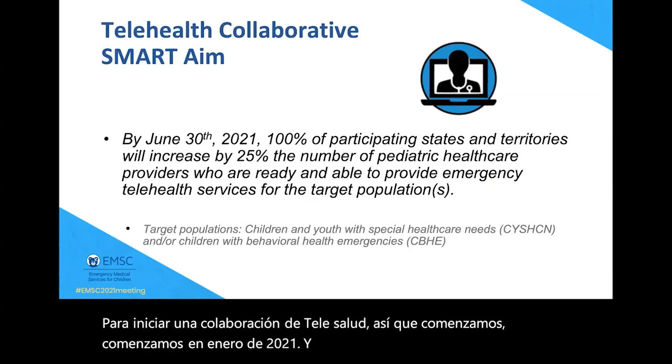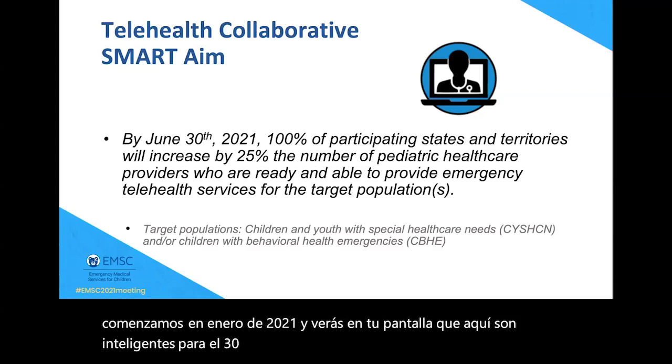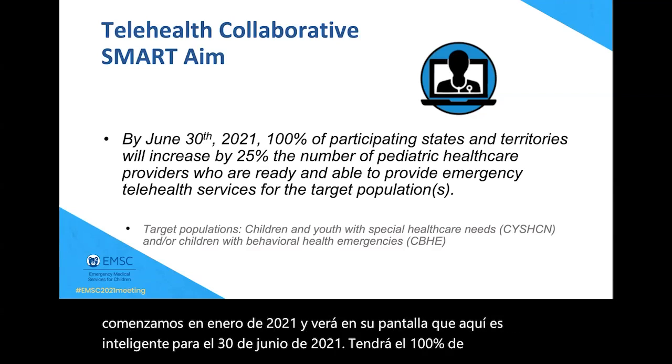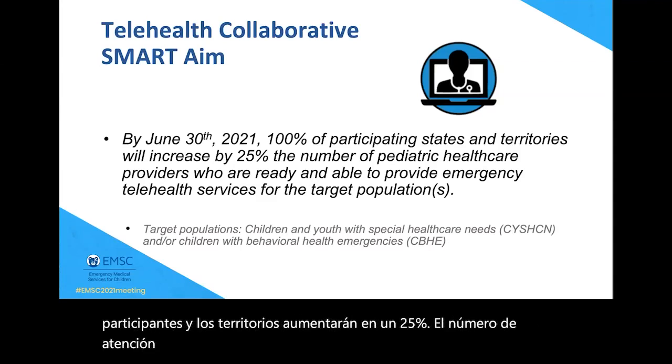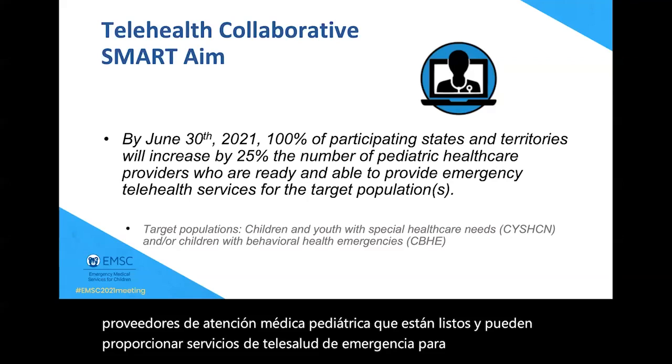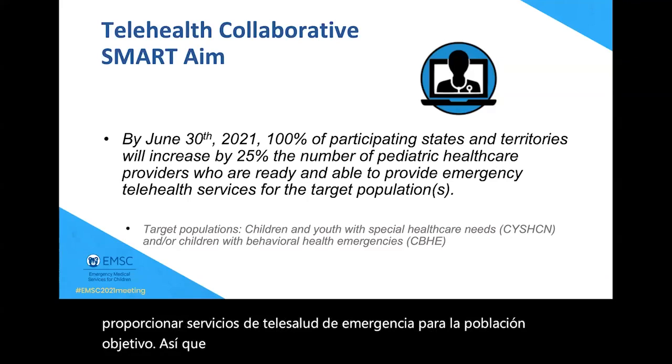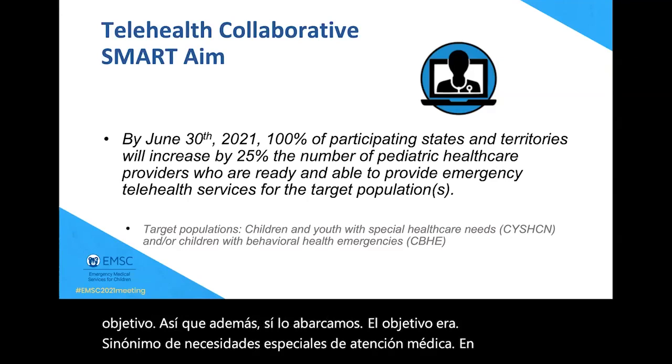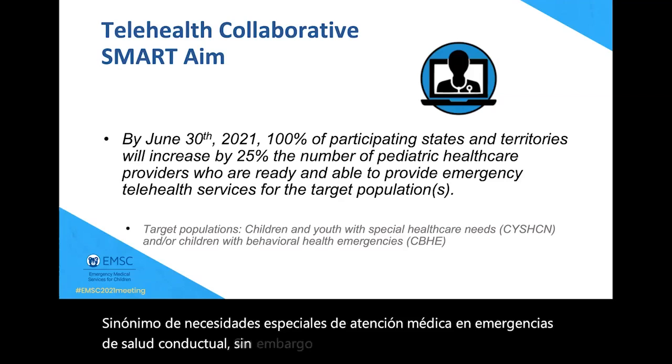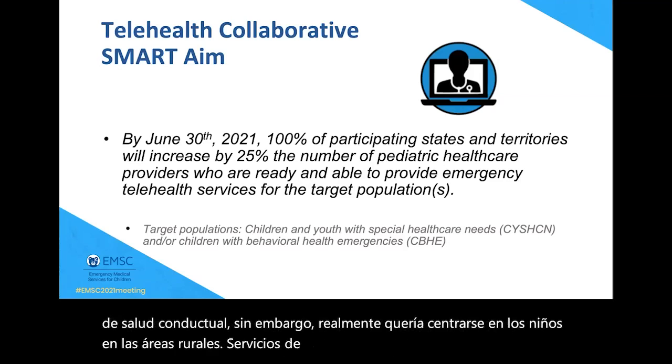By June 30th of 2021, 100% of participating states and territories will increase by 25% the number of pediatric healthcare providers who are ready and able to provide emergency telehealth services for the targeted population. The target was children and youth with special healthcare needs and behavioral health emergencies. However, we really wanted to focus on children in rural areas, Indian Health Services, and so on. Next slide, please, Meredith.